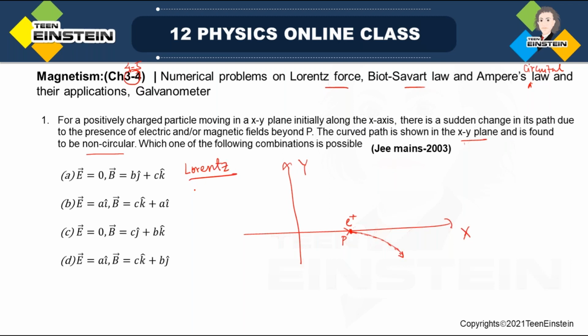What is the Lorentz force? When a charged particle moves through a region where electric and magnetic fields are both present, the charged particle will experience a force F_L, the Lorentz force, which is given by Q into E plus V cross B. V is the velocity and B is the magnetic field.